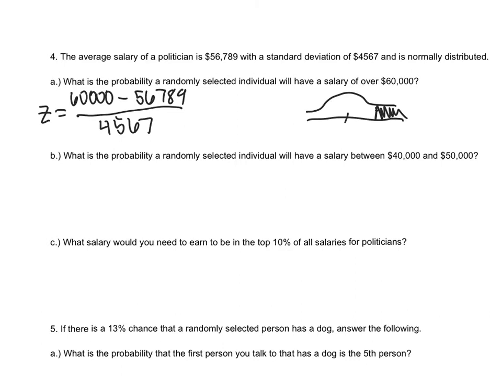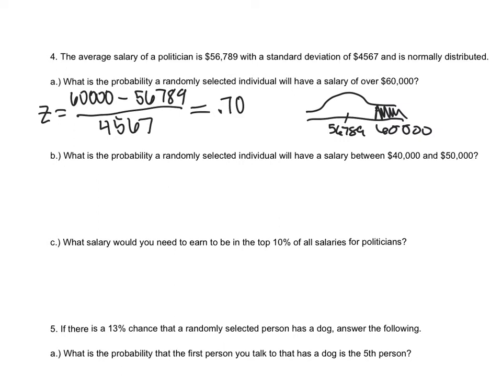So we have our normal 56,789, our mean, with the value we want, 60,000. So calculating the z-score, remember for z-score, always round to 2 decimal places. Once I do this math in my calculator, we're going to get 0.70.